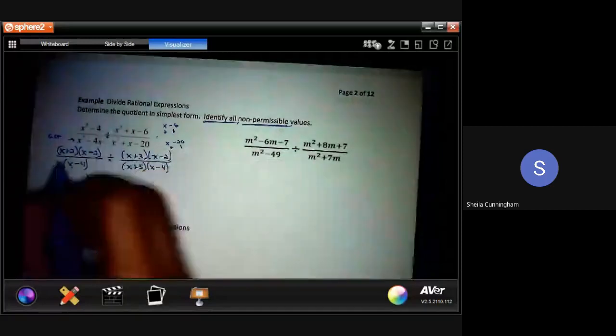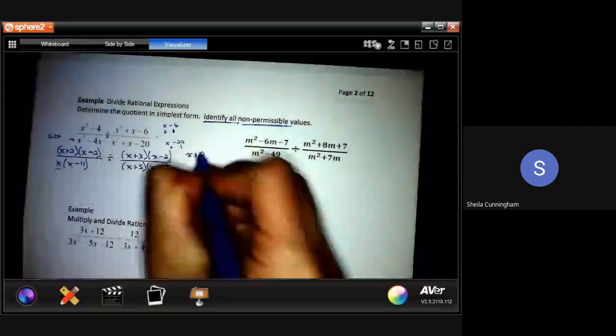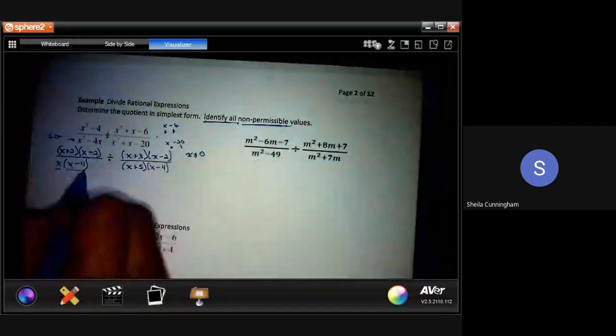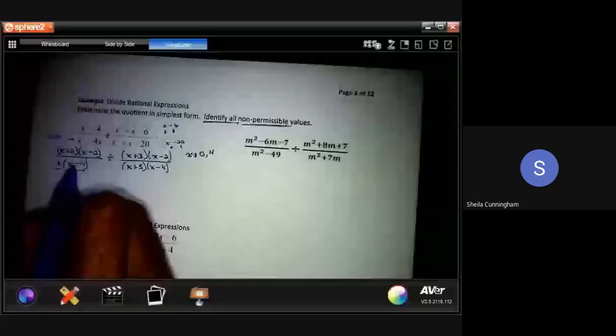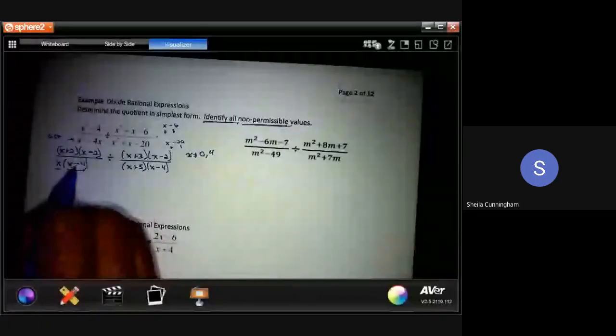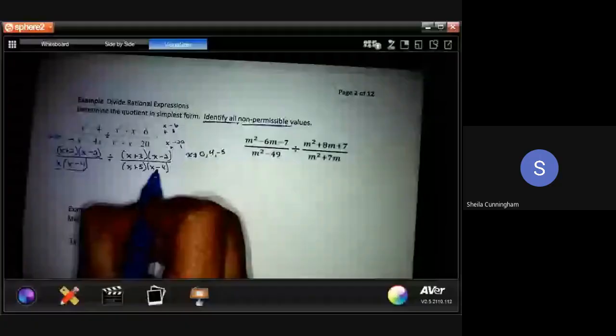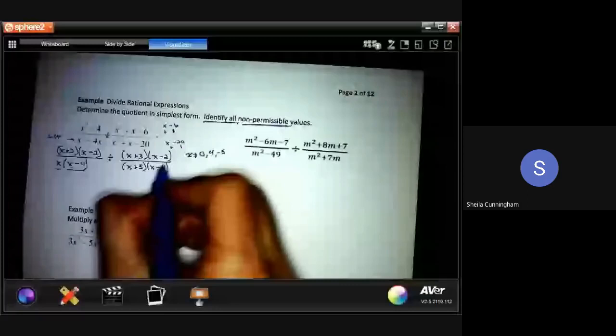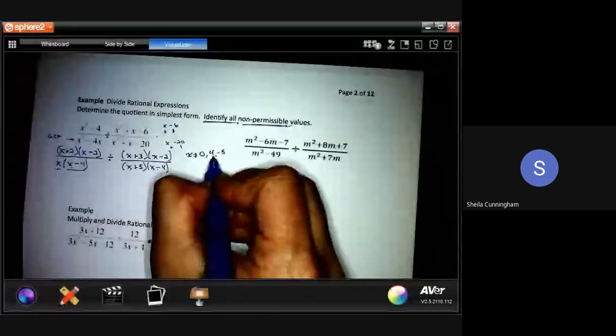Well, x can't equal 0. And if I look at this one, if I set that equal to 0, x can't equal 4. It's essentially the opposite sign of what you're seeing in here, right? If I come over here, x can't equal a negative 5, and x can't equal a positive 4, which I already have. Here's the kicker with this.